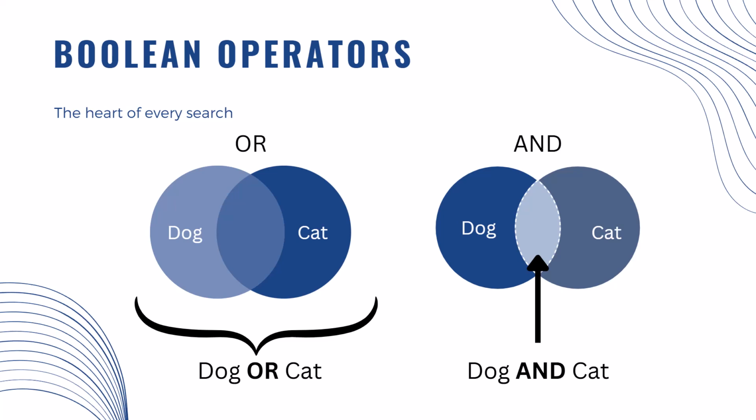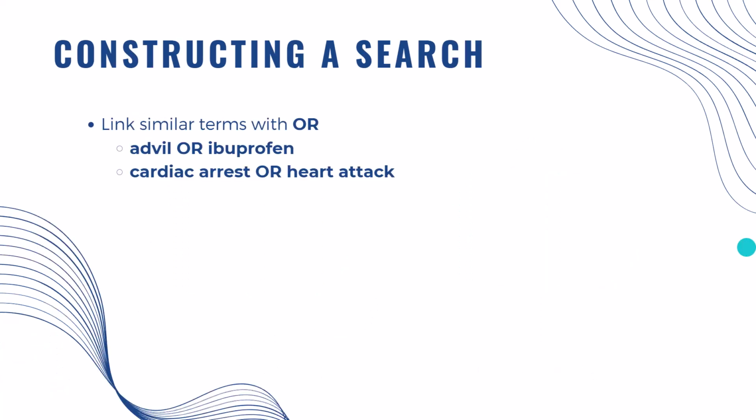If I search dog and cat, however, I only get what's in this little center part that the arrow is pointing to, because I am saying the search has to return only results that mention dogs and cats together. So everything to the outside that only mentions dogs or only mentions cats is automatically excluded. So it limits the results.